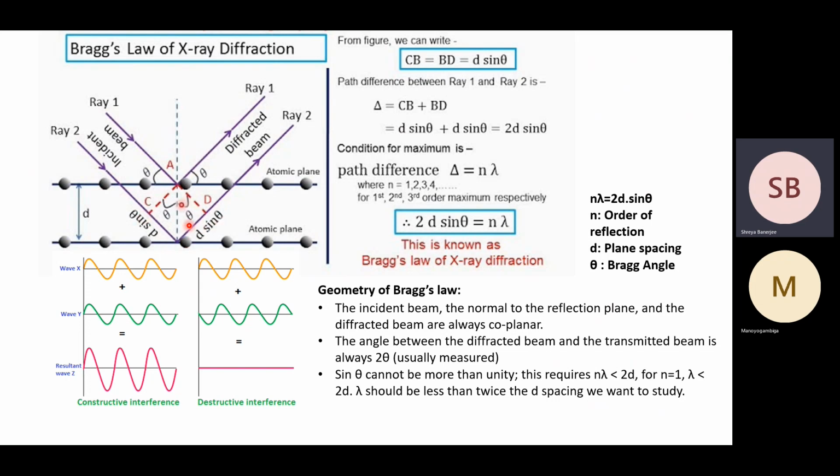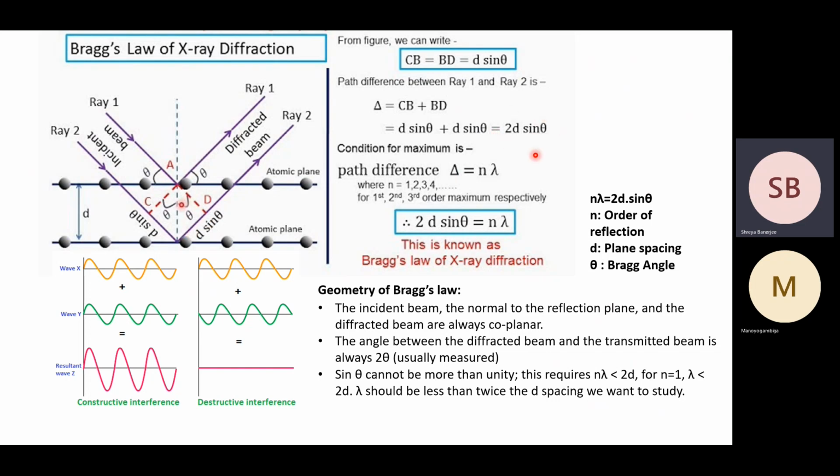So d sine theta plus d sine theta is 2d sine theta, the net distance that is traveled extra by ray 2. d is the distance between these two crystal planes, and theta is the incident angle that the incident beam is making with this crystal plane. So ray 2 is traveling a total extra distance of 2d sine theta.